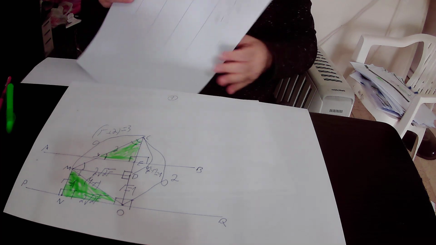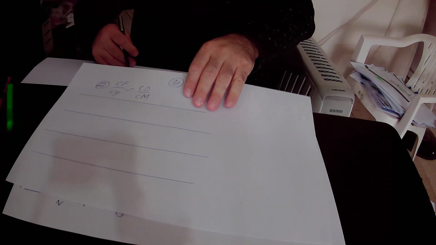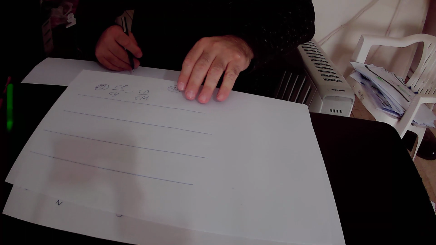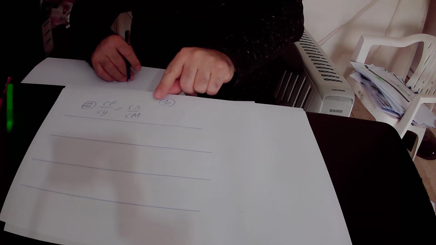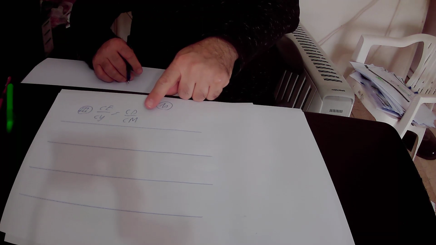I will repeat again. From the fact that triangle CYE is similar to triangle CDM, we will conclude that CE over CY in triangle CYE equals CD over CM in triangle CDM.